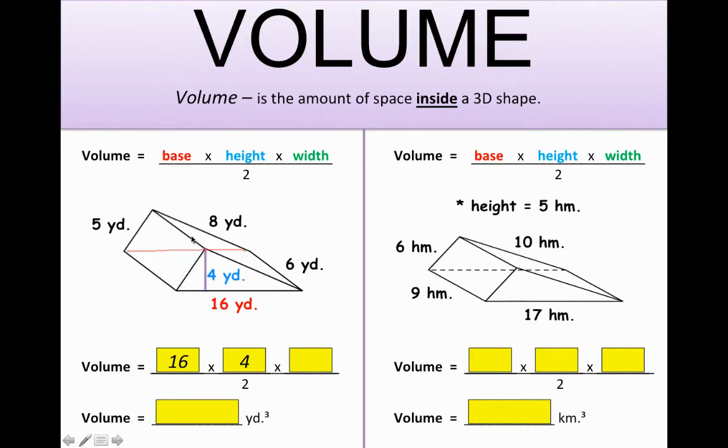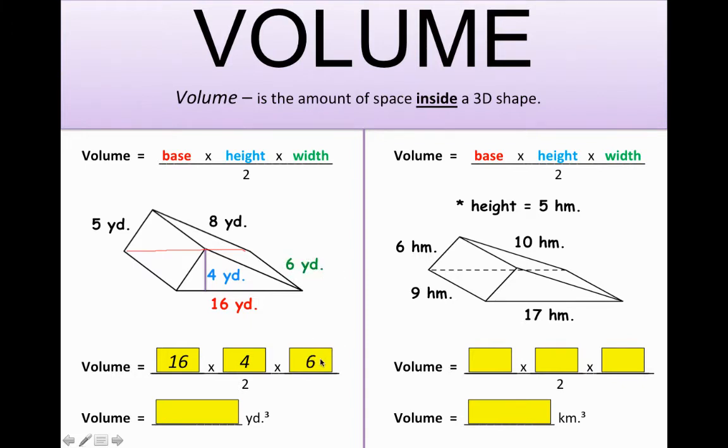So this edge is the one that's connecting them. So you've got to look around and see which one actually has that number attached to it. And if you look over here, that 6 is the one that we're looking for. That's the width. That's the one that's connecting the two triangle sides. So that 6 is going to be considered the width, and that 6 is the one that you plug in there.